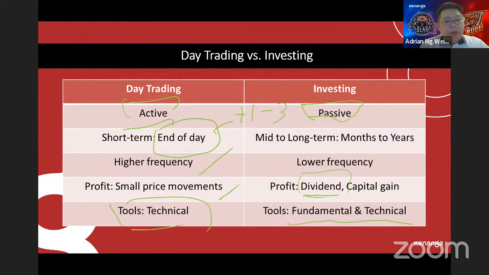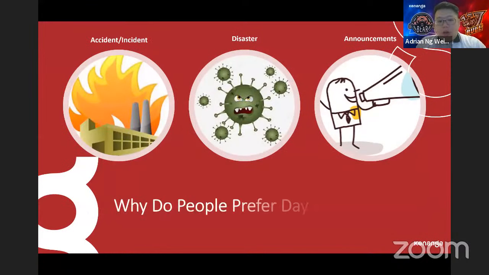So why do people do day trading? Well, I must say we are all very blessed. Thank God for everything, and for everyone to be here today, because we have been through a lot in these 3 years of COVID, where the economy has been locked down.